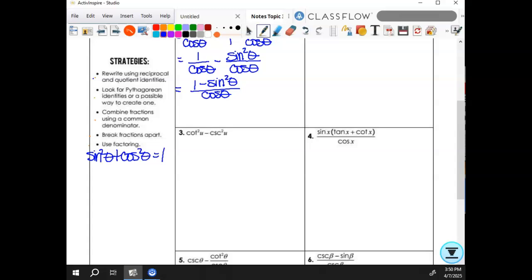I can see that 1 minus sine squared leaves me with cosine squared. So this will give me cosine squared theta in the numerator, over cosine theta. Think about what would happen if it was x squared over x. This is going to cancel out with one of those, and my answer is cosine theta. And I'm done.